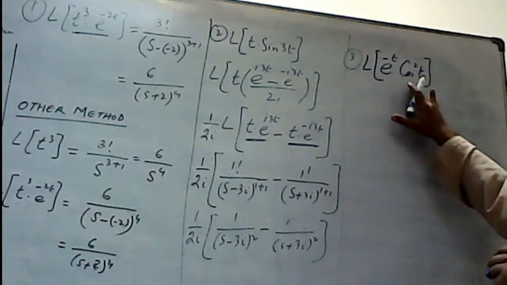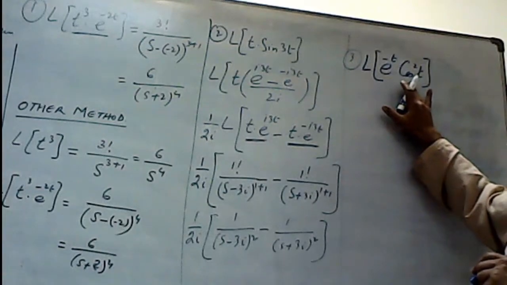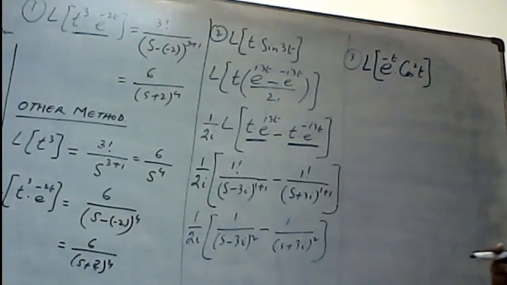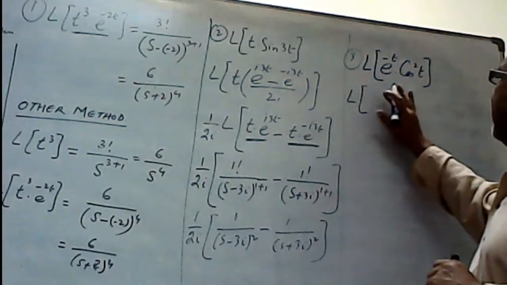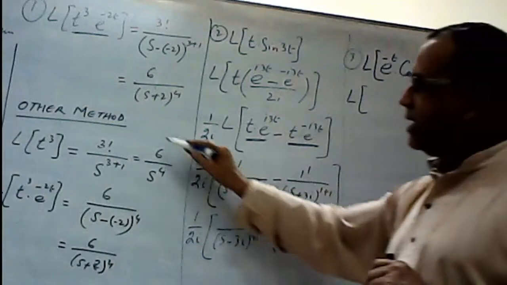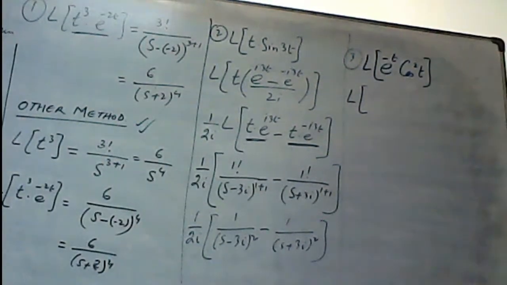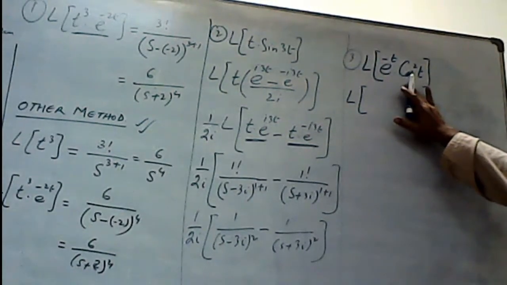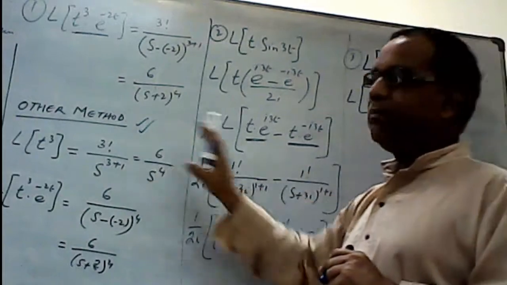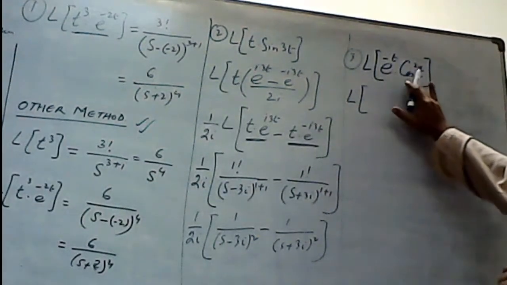Now we know that if cos is not linear, then there is no way to find the value directly. Even if I use the same method number 2 here, still it is not possible. No direct formula and no method number 2 is possible here, because this is cos square.